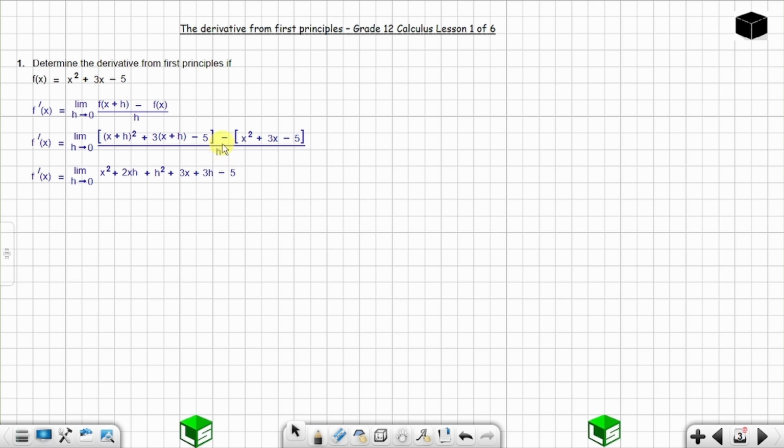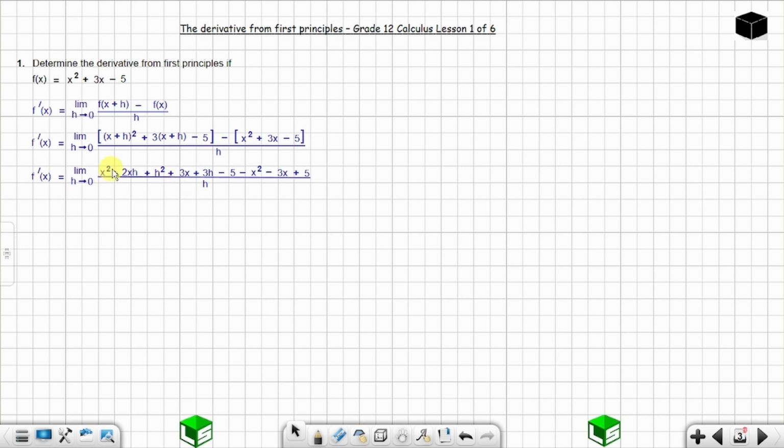Okay, you have minus in front of this bracket, so everything inside of the bracket is going to change signs. You are going to have minus x squared, minus 3x, and plus 5, because you have a minus in front of the bracket. Okay, so this is over h.